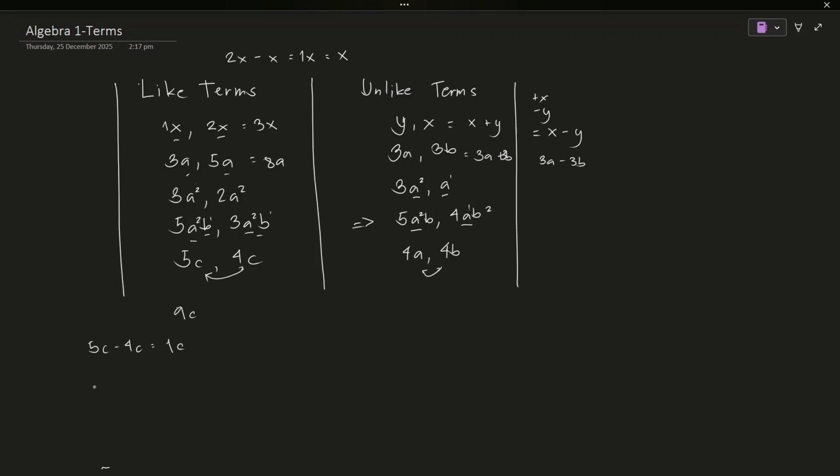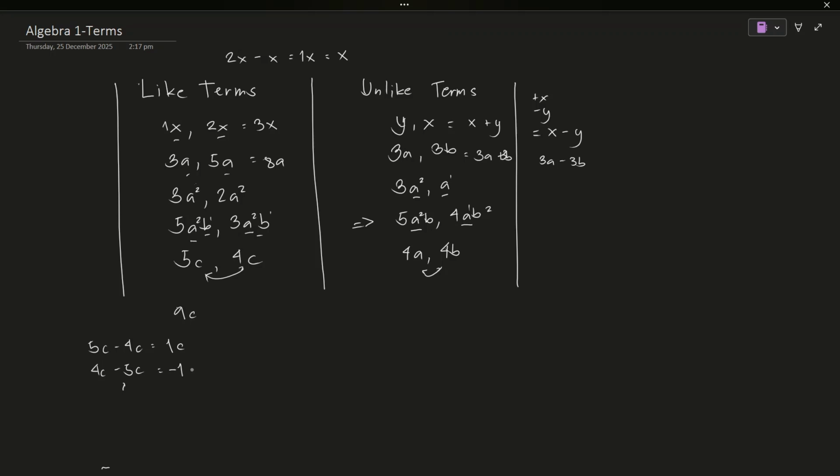What if the 5 is negative, and the 4c is positive? So we have 4c minus 5c. So 5 minus 4 is 1. However, the 5 here is negative, and since it is higher than 4, the resulting sign here is negative.